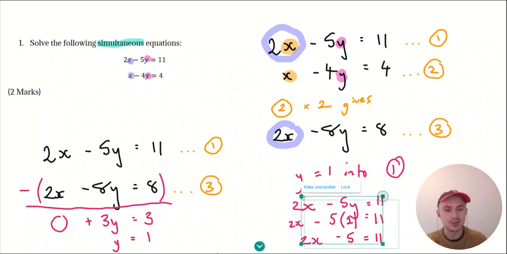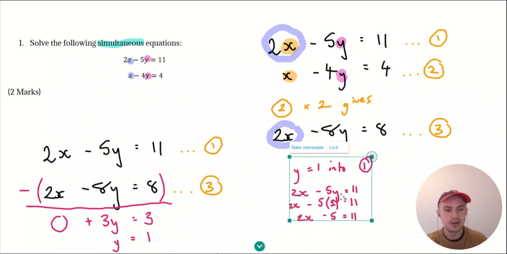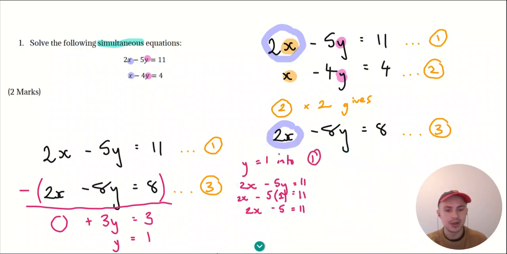Let me just give myself some more space here. Add 5 to both sides. 2x equals 16. x equals 8. So y equals 1, x equals 8.